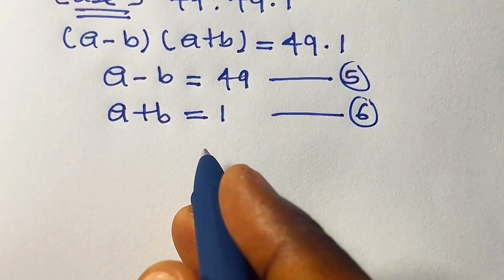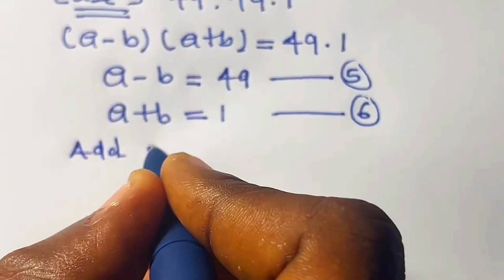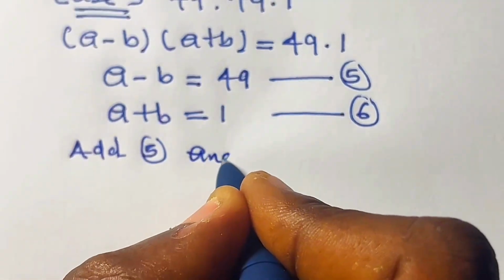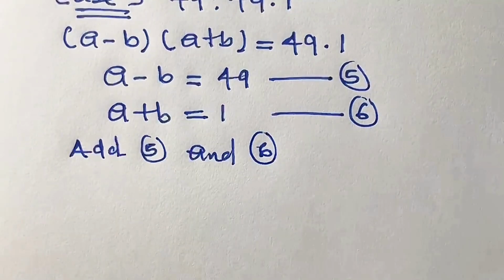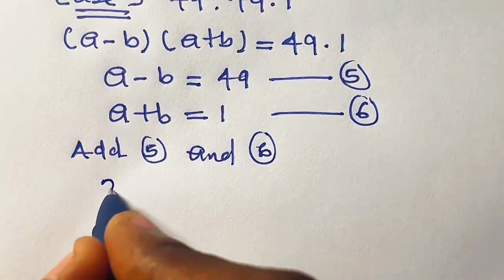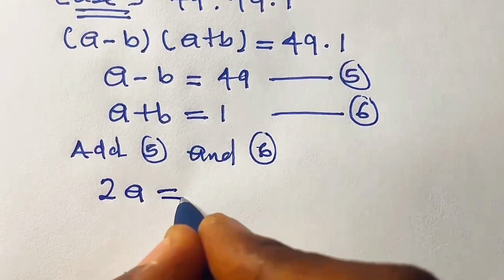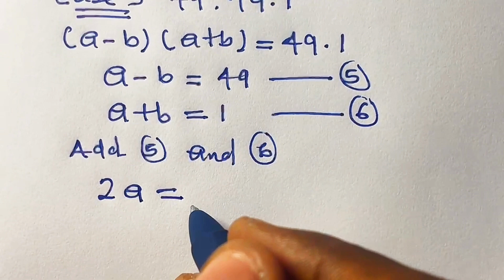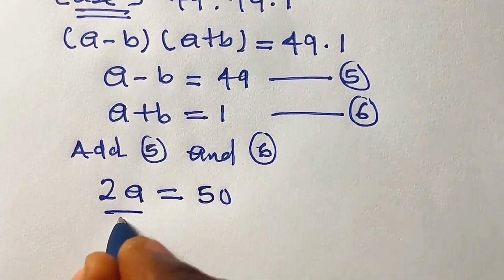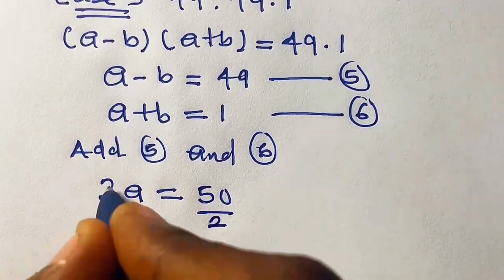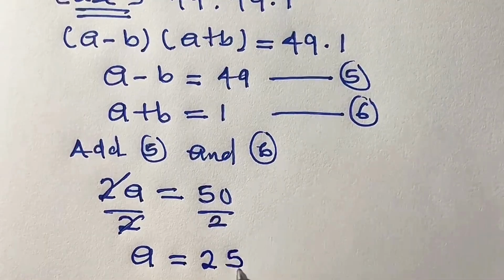From the same approach, we add equation 5 and 6. We have a plus a, which gives us 2a, minus b plus b gives us 0, equals 49 plus 1, that is 50. If you divide both sides by 2, we have a equals 25.